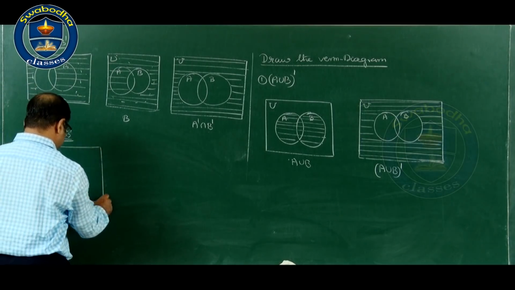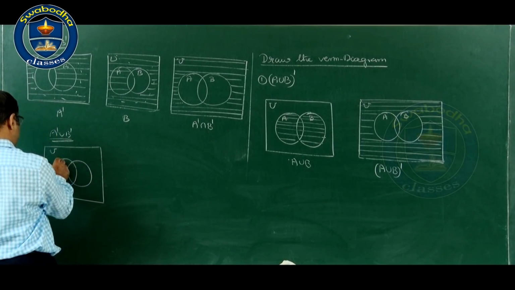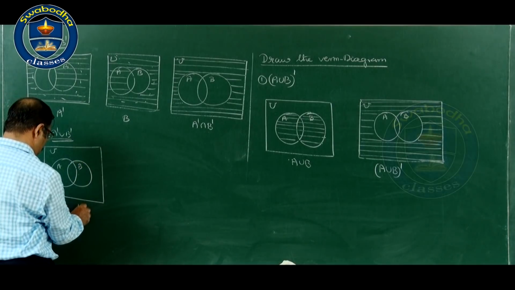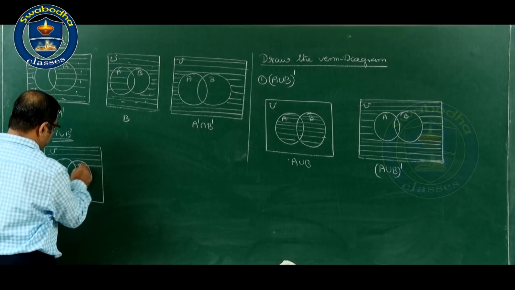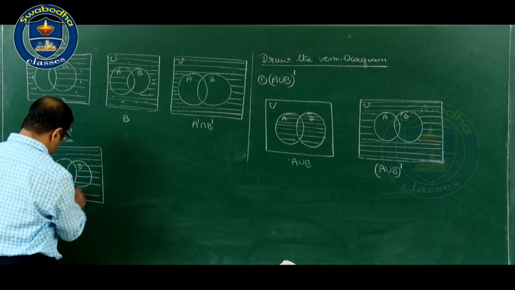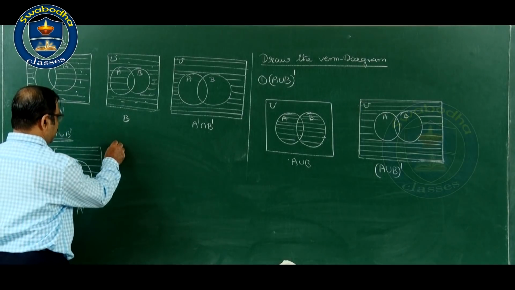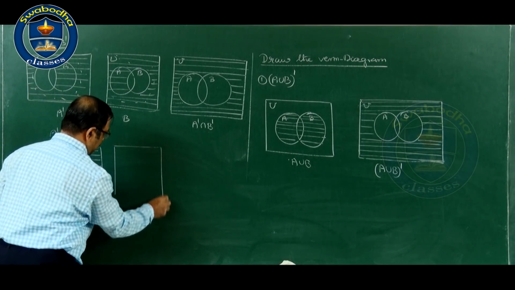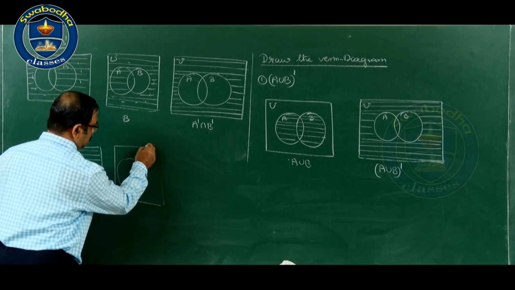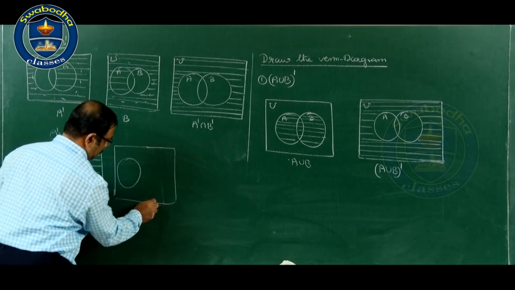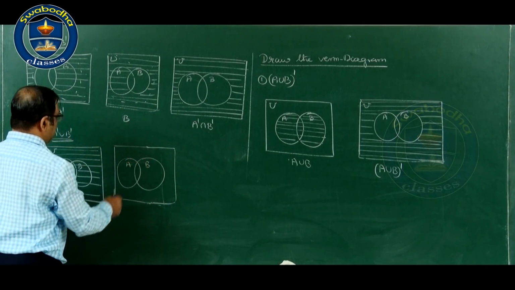See, let us write this is A, U, A, B. What is A complement? A complement is all those elements which are not present in A. Next we go to B complement. This is A, B, B complement.